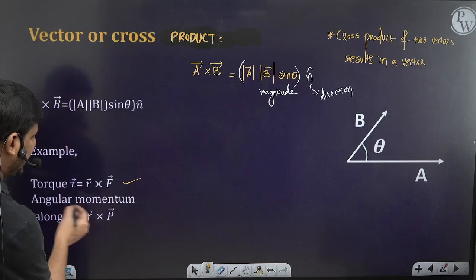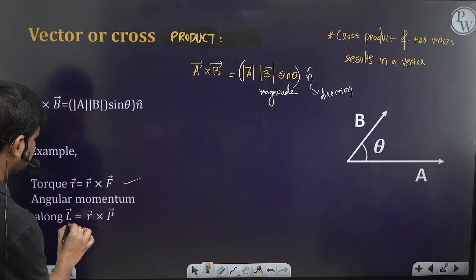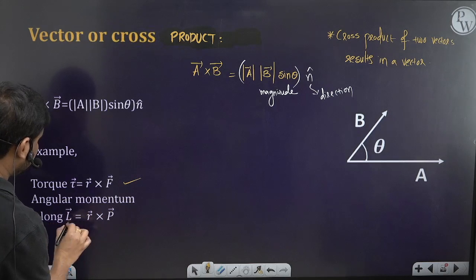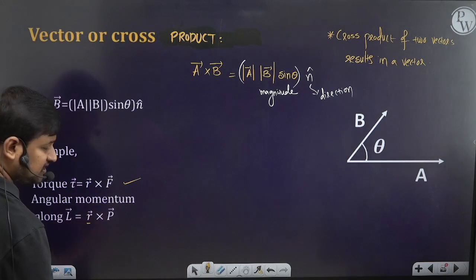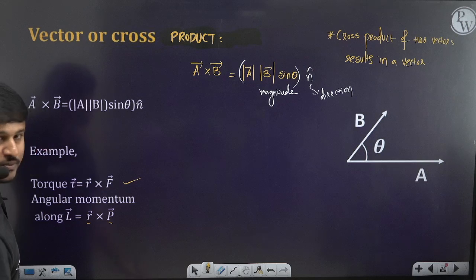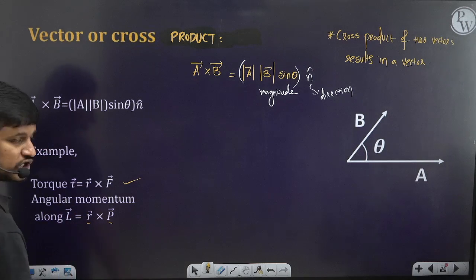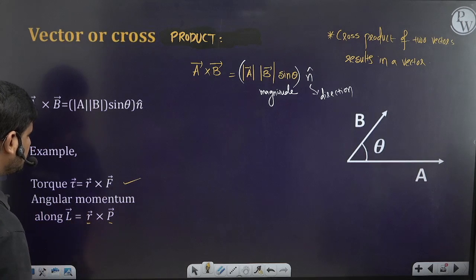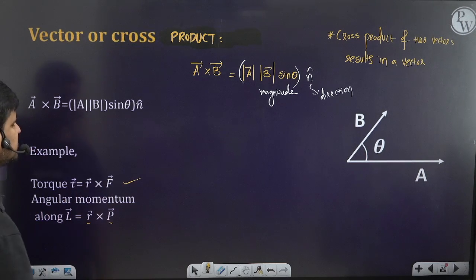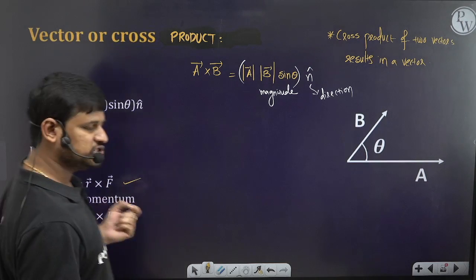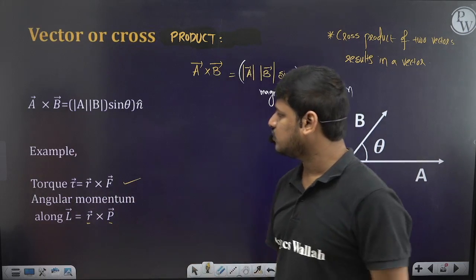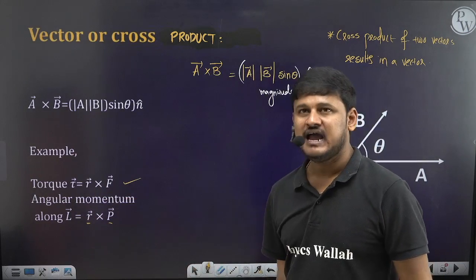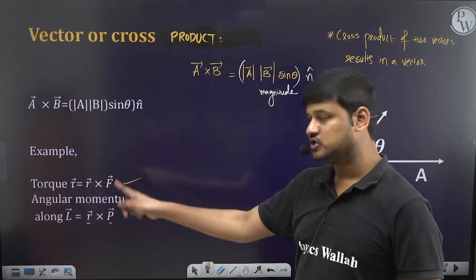Angular momentum L is equal to r cross p, where r is the displacement and p is the momentum. Again, angular momentum is a vector quantity, and torque is also a vector quantity. Simply write the dimensional formulas; you already know the torque and angular momentum dimensional formulas, so just write them down.